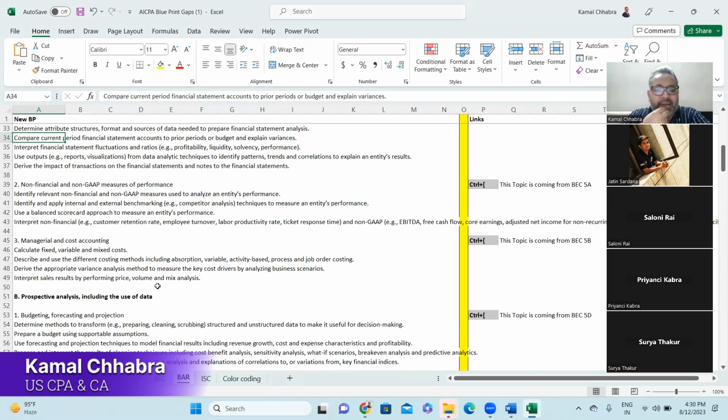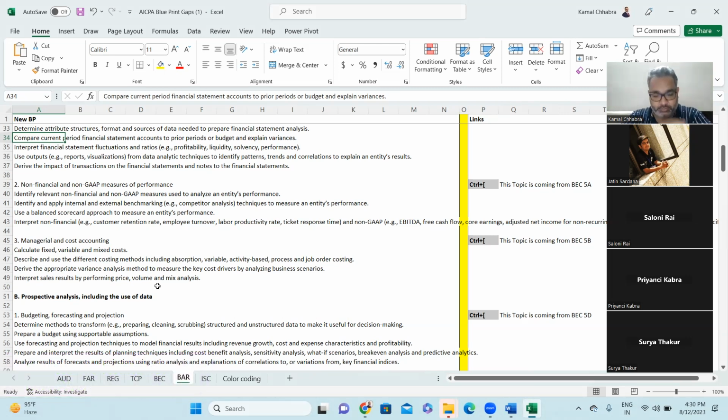Then the next topic we'll be covering is managerial and cost accounting. Do you know what managerial accounting is? Have you heard the term MIS? What does an accountant generally make in MIS for the management?